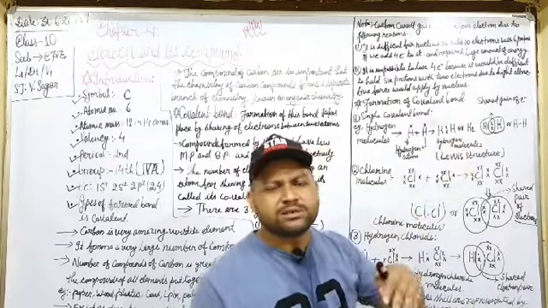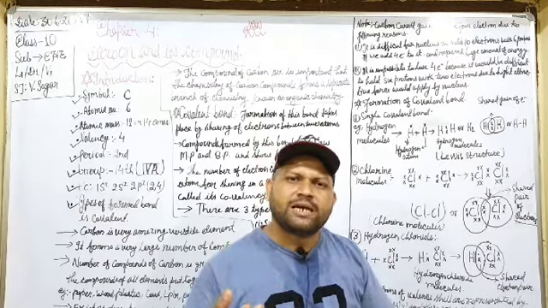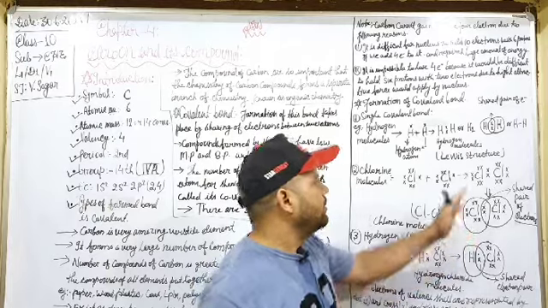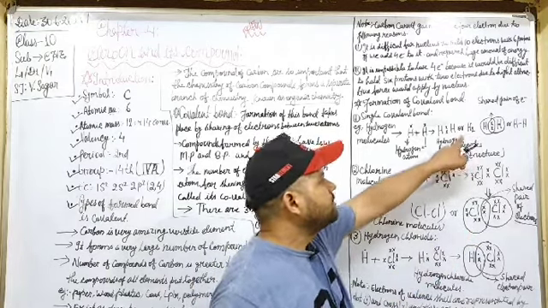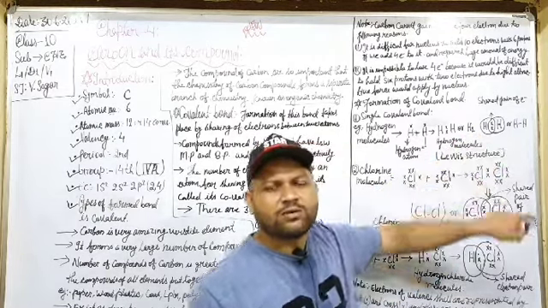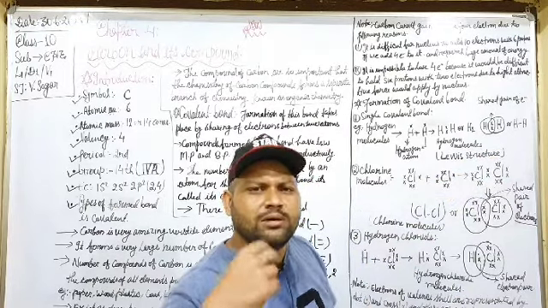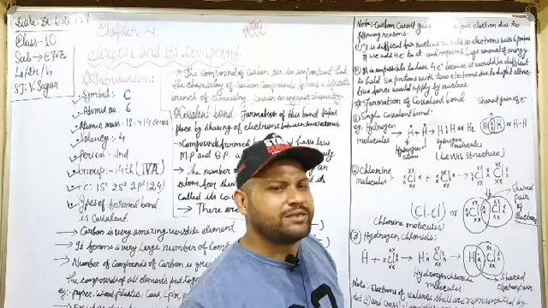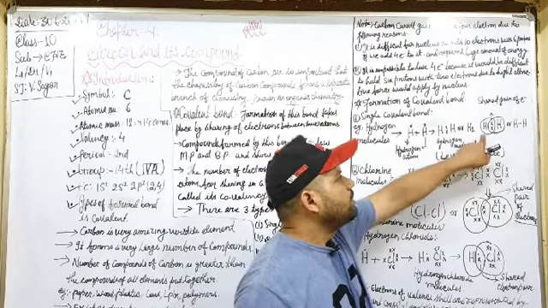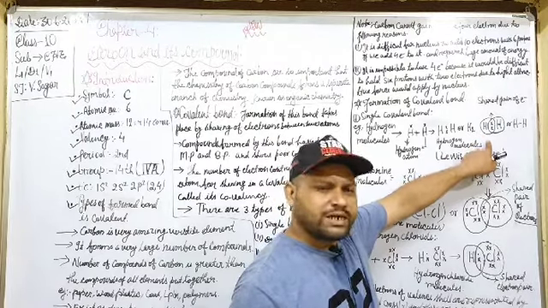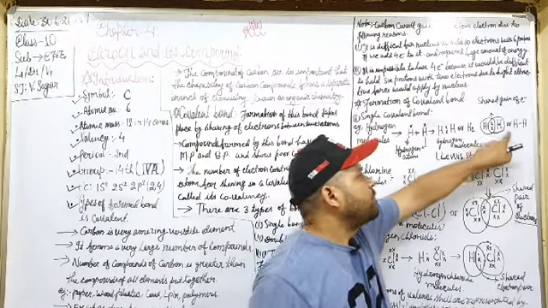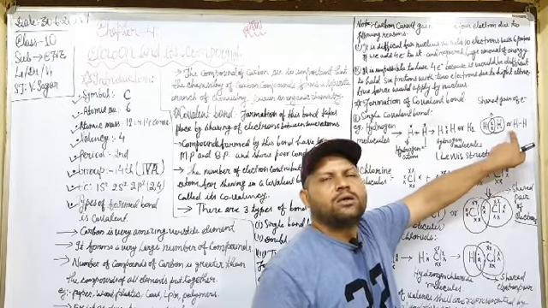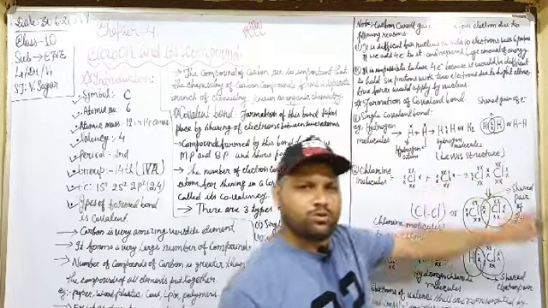That's why every element tries to become as stable as argon, neon, etc. So here in the first orbit of hydrogen there are two electrons, so it represents itself as a helium atom. So it completes its octet and forms a single bond, H and H. It is called a hydrogen molecule.